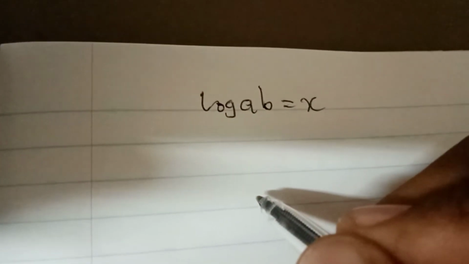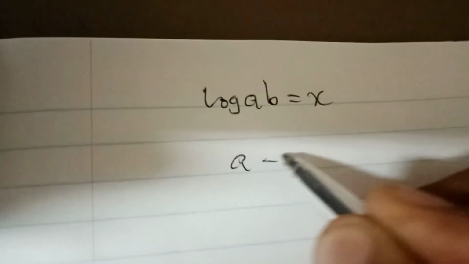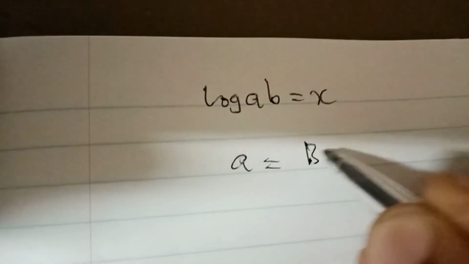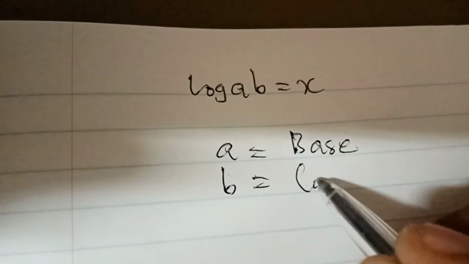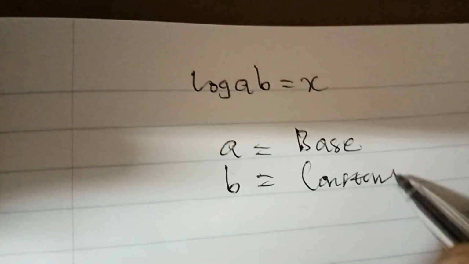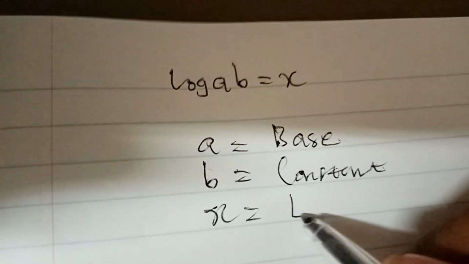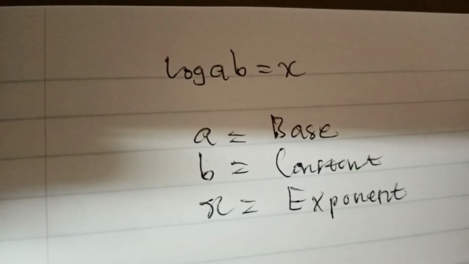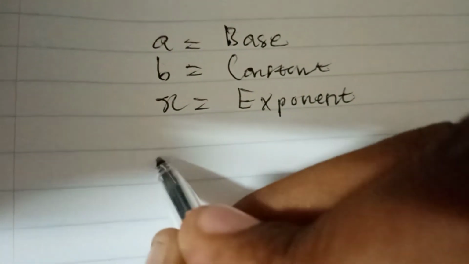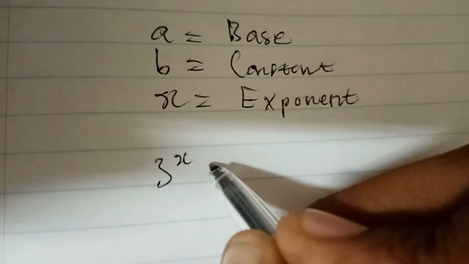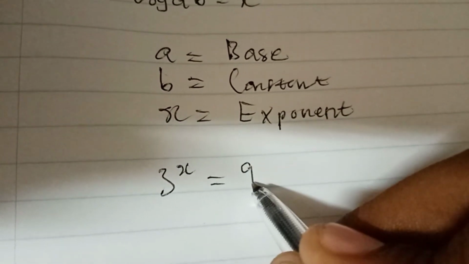Just to summarize or consolidate what we're doing here, our a, you know that it's always our base, and then our b is always our constant, and our x is always our exponent. So let's have an exponential equation, just to elaborate here, and then let's have 9.